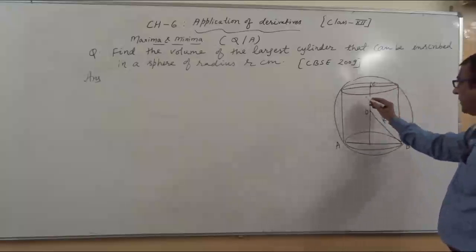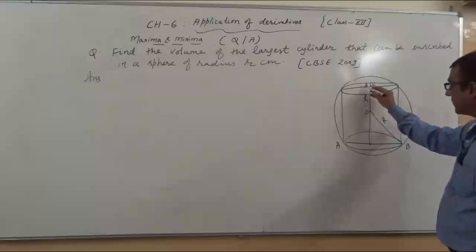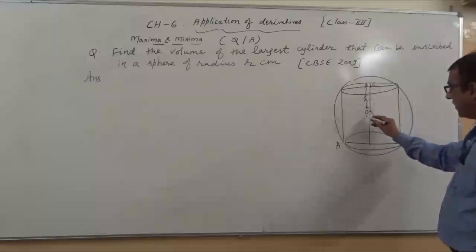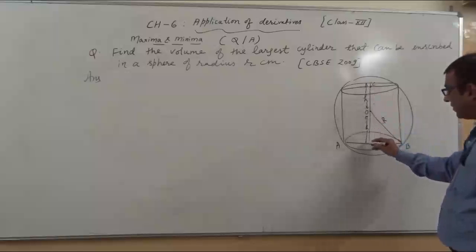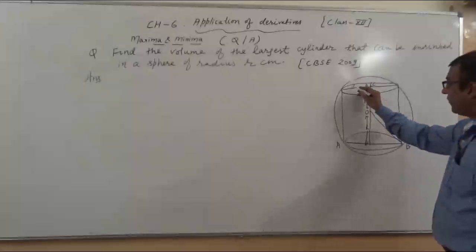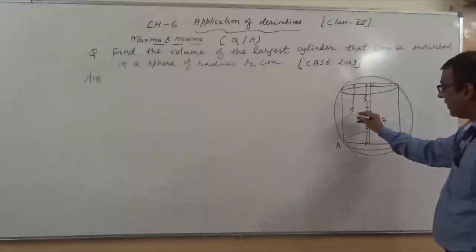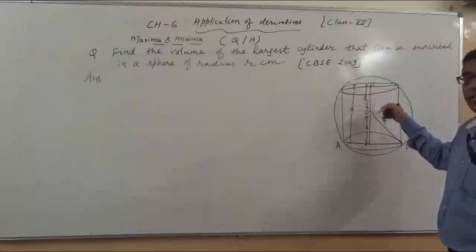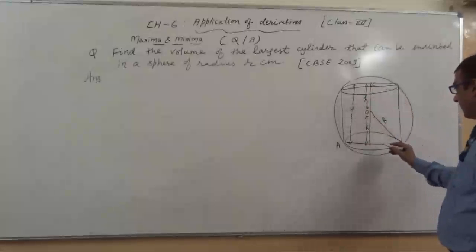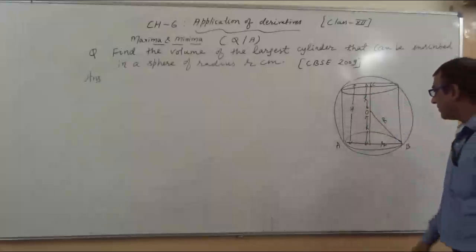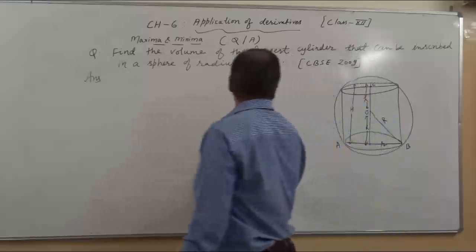If I am saying this is h from here to here, and this is also h, it means the height of the cylinder, capital H, is equal to h plus h, which becomes 2h, and this is the radius of that cylinder.